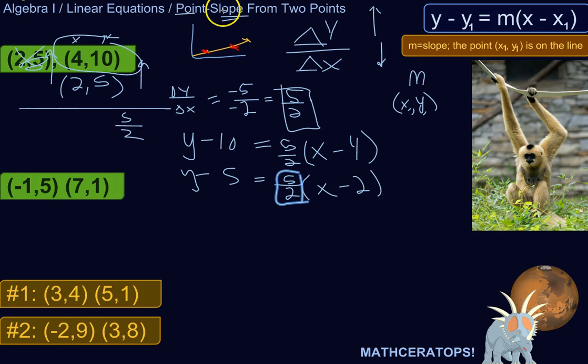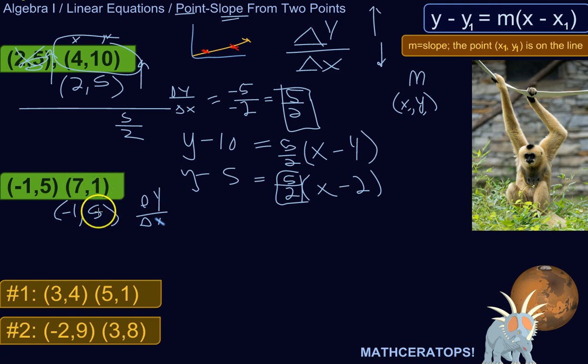So I need the slope and I need a point on the line. So I've got 2 points here, so I'm good to go on points. I just need to figure out the slope. So I'm gonna stack these on top of each other just to make it easier to look at, like that. So my slope is change in y over change in x. So what's my change in y?